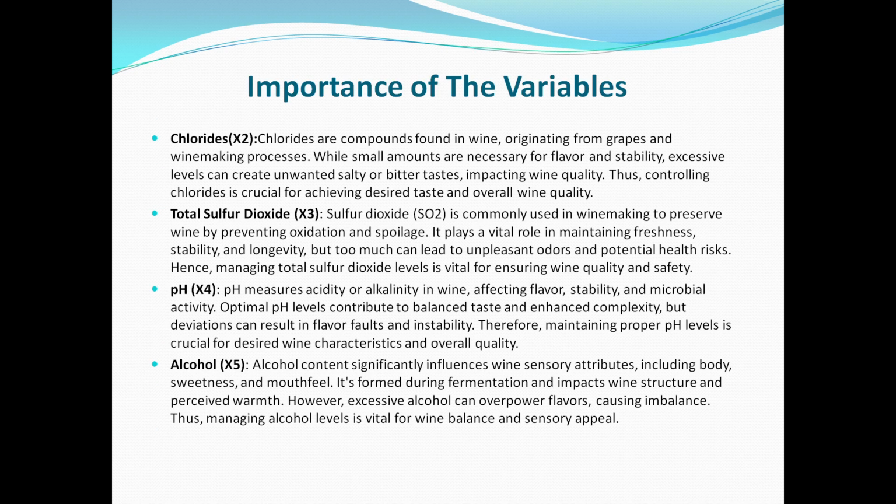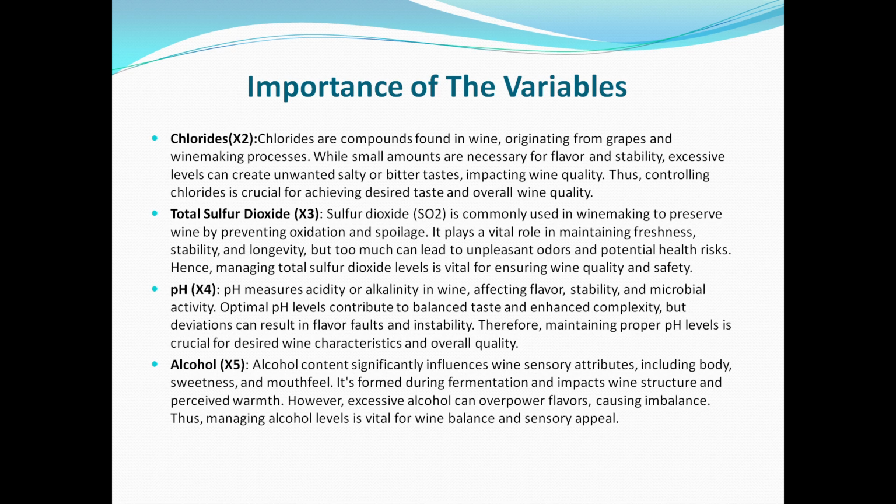Then coming to the importance of the variables, chlorides are important components found in wine, originated from grapes and the winemaking process. While small amounts are necessary for flavor, excessive levels can create unwanted salty or bitter taste. Coming to the total sulfur dioxide, it is commonly used in winemaking to preserve wine by preventing oxidation and spoiling, but too much can lead to unpleasant odors and potential health risk. pH measures acidity in wine, affecting flavor and microbial activity.